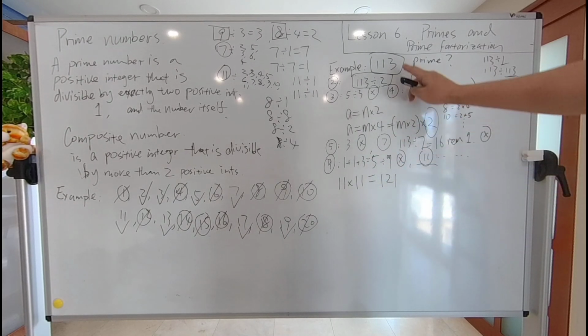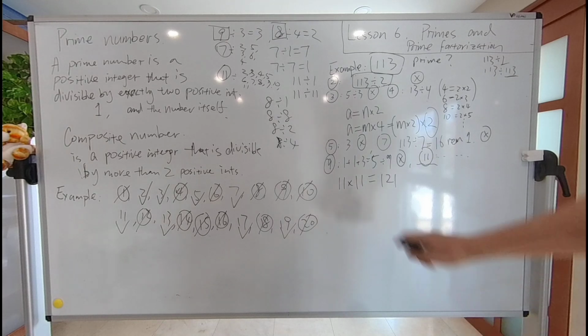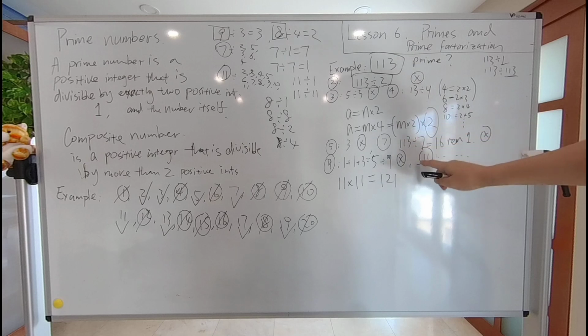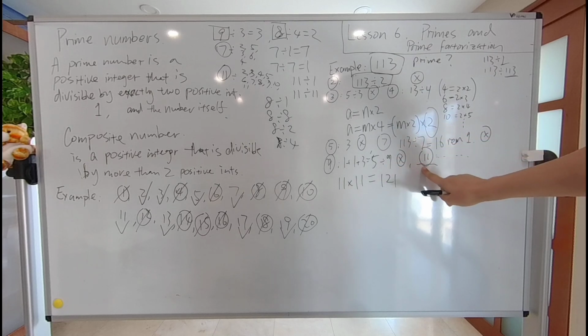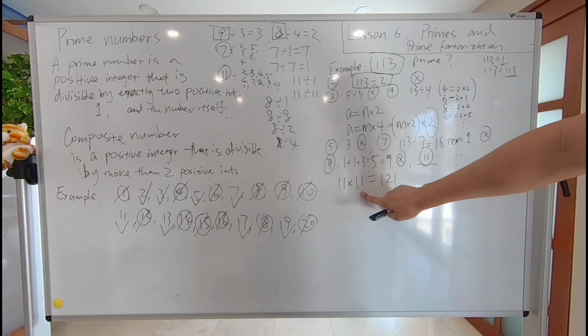This number is greater than 113. And because I already eliminated all other factors that are less than 11, beyond this point the minimum possible combination will be 11 times 11 if there exists a factor other than 1 and itself, right?